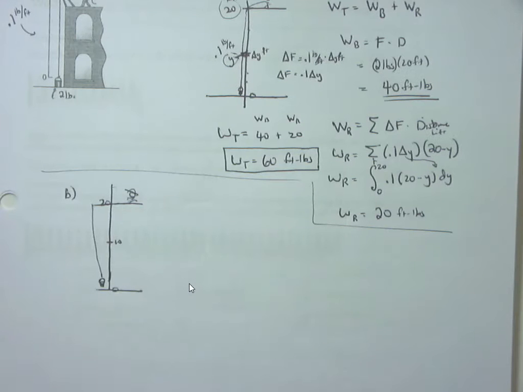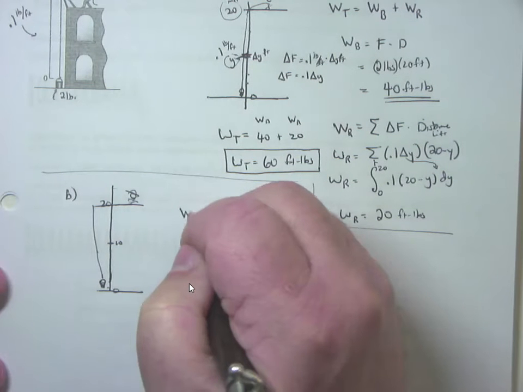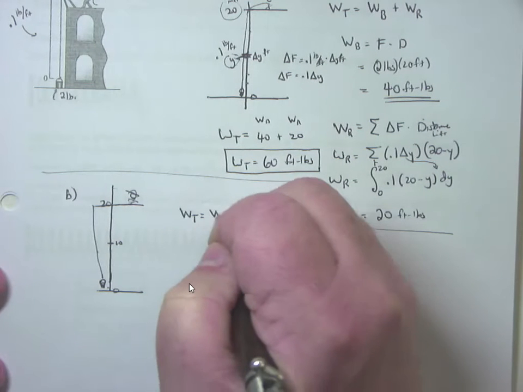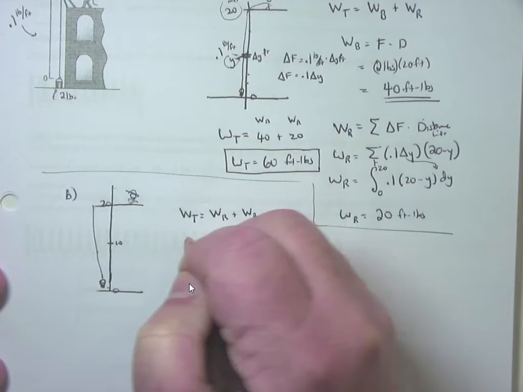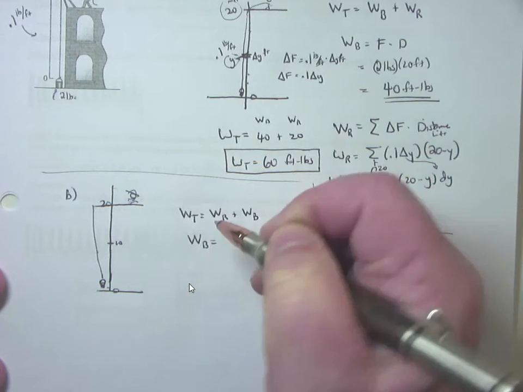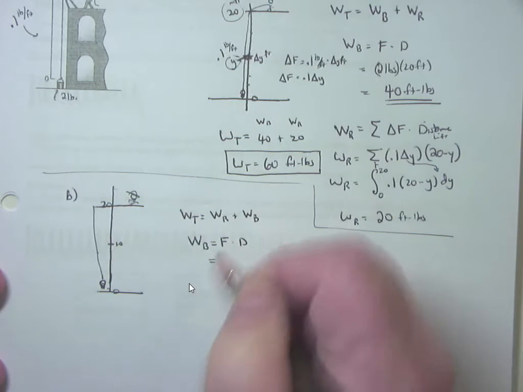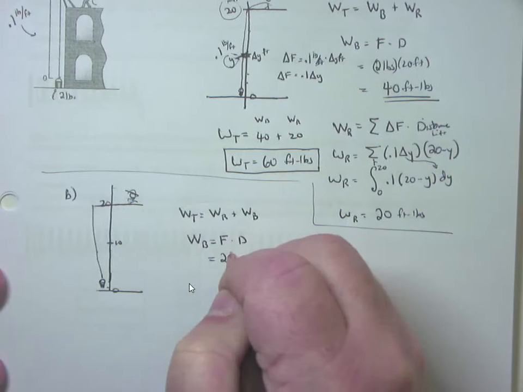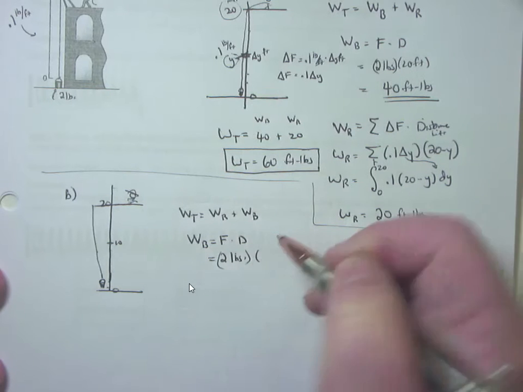So, again, you've still got a rope and you've still got a bucket. So you're still going to have to do one of these work totals, which is the work on the rope plus the work on the bucket. The work on the bucket is very simple because it's a straight lift concept. The force on the bucket was 2 pounds times, what was the distance we have to lift the bucket?